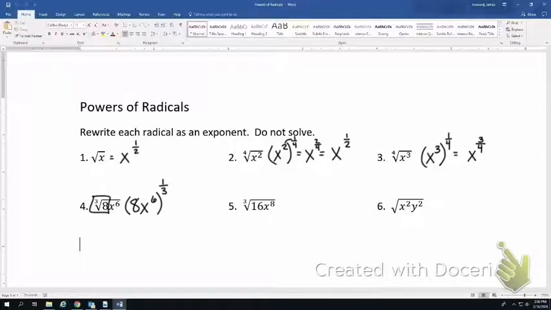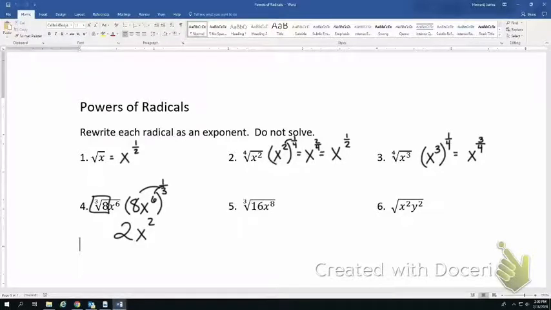Alright, they're the same thing, but if I have the cube root of 8, what is that going to be? 2. Okay, that is doing the exact same thing as 8 to the power of 1/3. And then I have power to a power, so what is 6 times 1/3? 2. Now, that one comes out nice and neat.